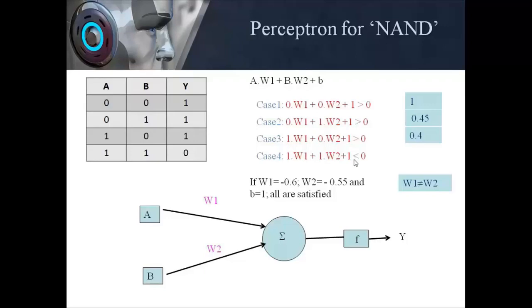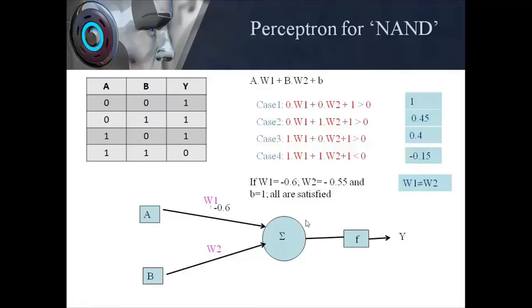so well satisfied. And coming to the last case, -0.6 minus 0.55. So the negative value sum is going to be -1.15 plus 1. So the answer is going to be -0.15, which is good. It is a negative value, so it satisfies.